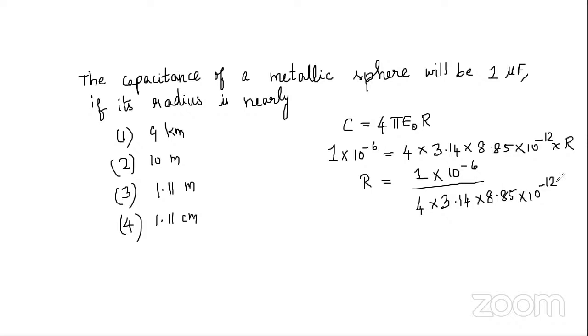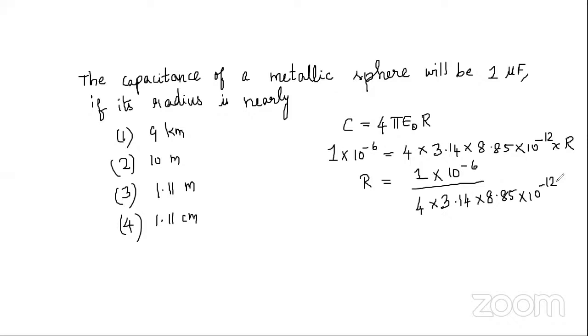So this is how you need to proceed with the problem. Now you have to calculate the value in the denominator, so then only you will be able to complete the problem.